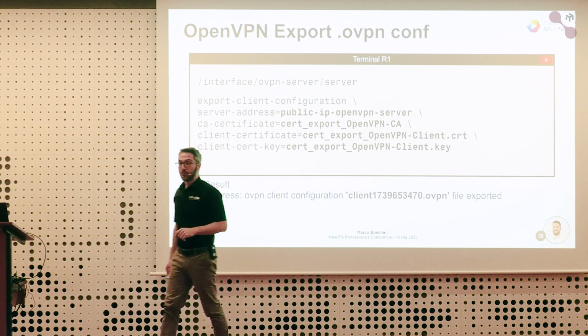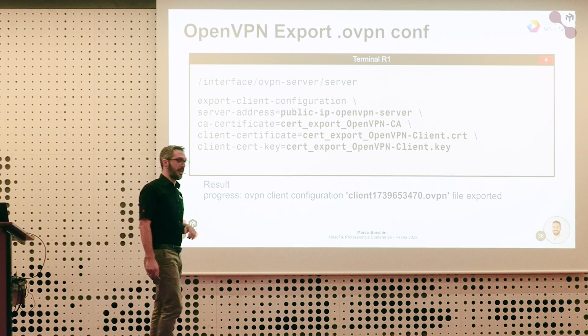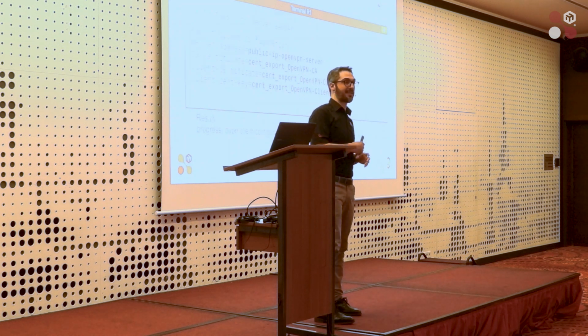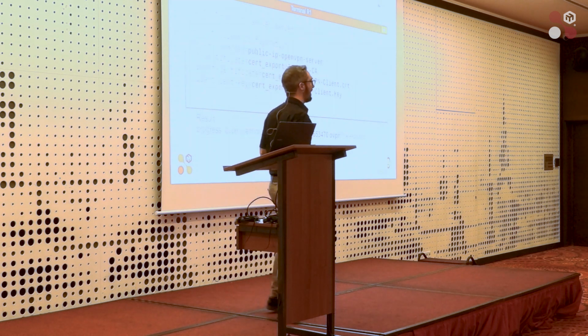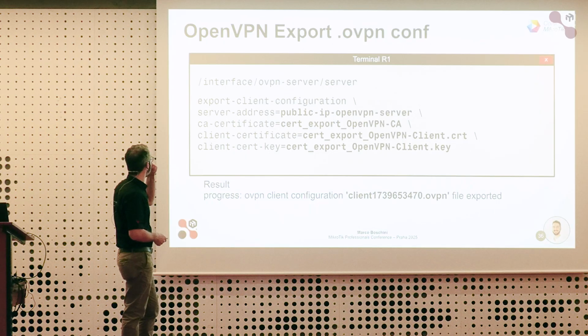And you can export the configuration directly from RouterOS. One of the most difficult configurations in the past was to create the file from scratch, and it didn't work a lot of the time for me. Now MikroTik helps technicians with the functionality of exporting the configuration for the client.